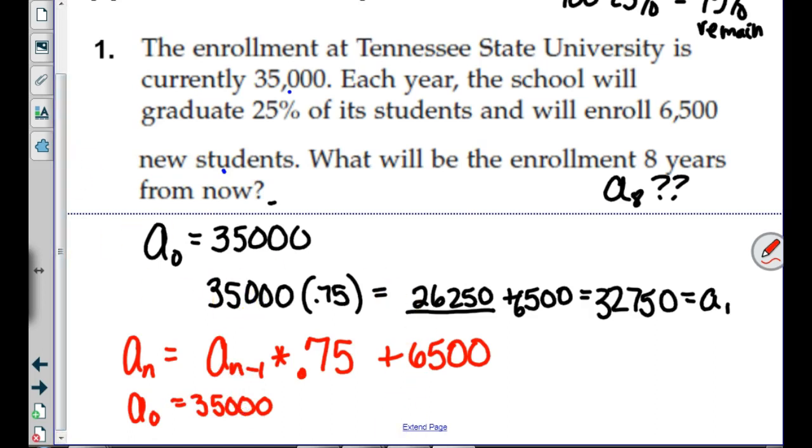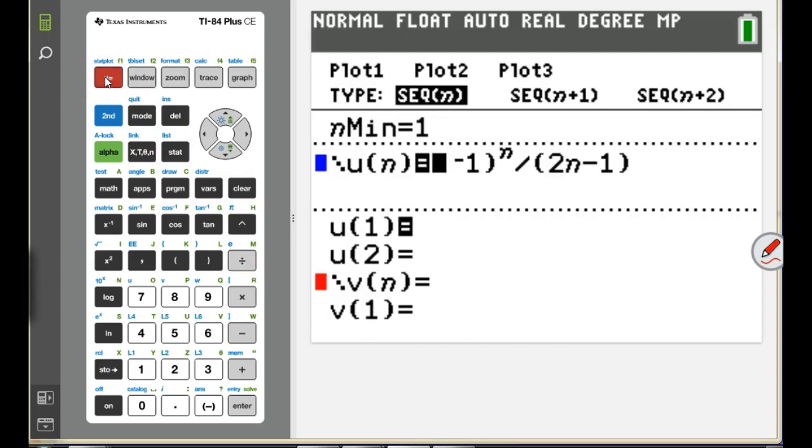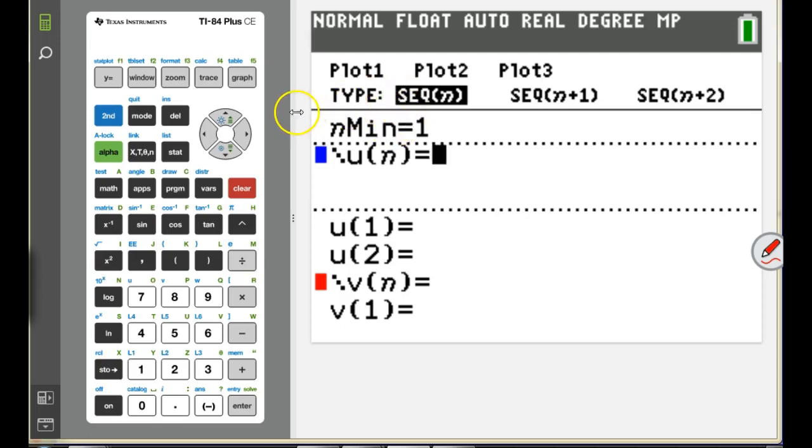So we're in sequence mode. We go to y equals. Do you have this disaster, guys? Okay, does anybody remember what any of this stands for? Okay, n min is the minimum term number. Oh, yes. No. It's the term number, not the value of the term.